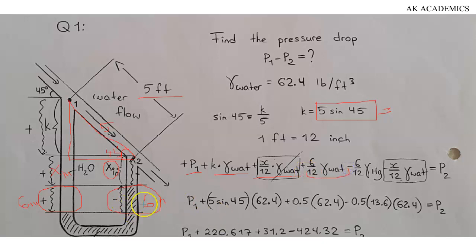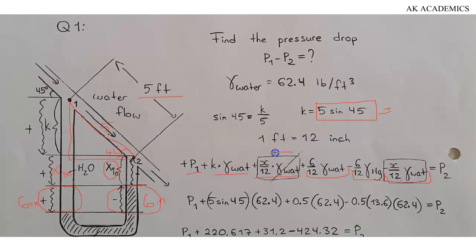At this particular point, you will see that mercury is going upward, so the pressure is going to be upward, so it will be negative. So it will be minus 6 over 12 multiplied by the specific weight of mercury, and that's exactly what you also have here. At this particular point, it will also be minus x inches divided by 12 multiplied by the specific weight of water, and that's exactly what we do have here. And everything will be equal to the pressure of 2.